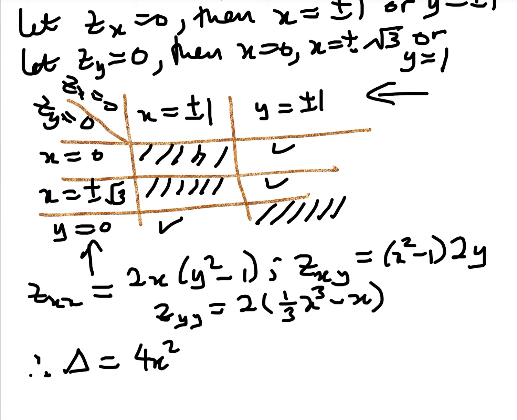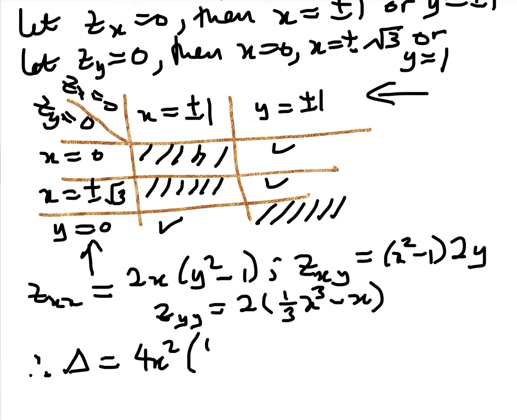No, that's x squared minus, so it's okay, so that is 1/3 of x cubed minus 1. Let me just make sure that I've got my calculations correct. Zxx, zyy, if you multiply those two, you get 4x into y squared minus 1 into 1/3 x cubed minus x.